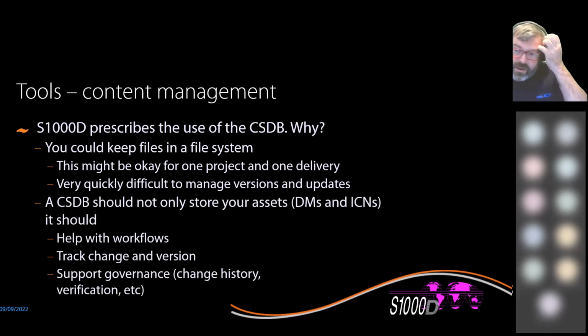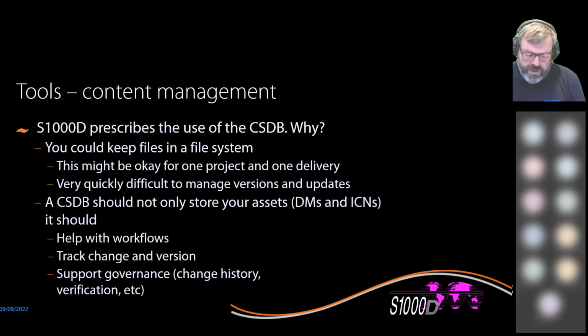So the CSDB should help you manage all that stuff, and I talk about it in terms of assets. It's your data modules and your ICNs. And any good CSDB should manage all of them for several reasons. I mean, workflow aside, workflow is simply the life cycle of a data module going from, I need to make a change, who's going to make the change, has the change been done, has the change been verified, yes, it's all been done, now it's signed off and now it's released.